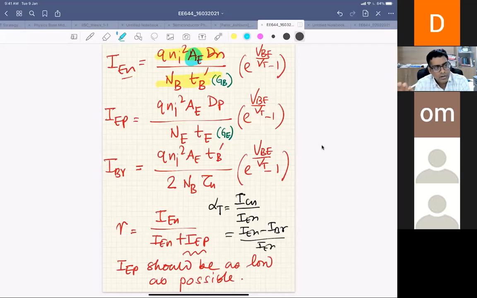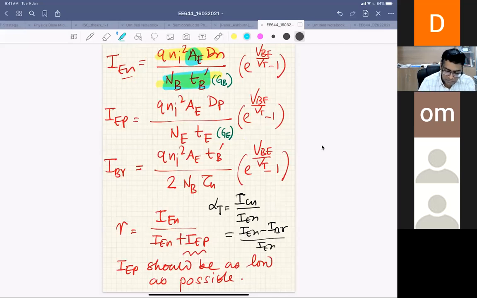And as I also told you, see this part, NB and TB dash, because while deriving these equations we have taken that the doping in the base is constant, the doping in the emitter is constant, and the doping in the collector is constant. But that may not be true in real devices, right?